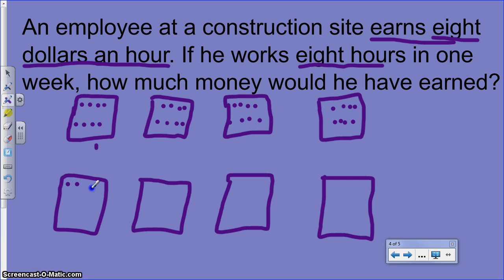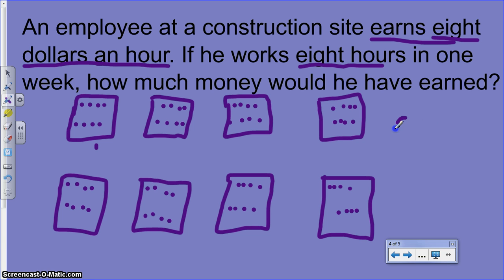Every single hour he works, he earns $8. Okay, there you go.